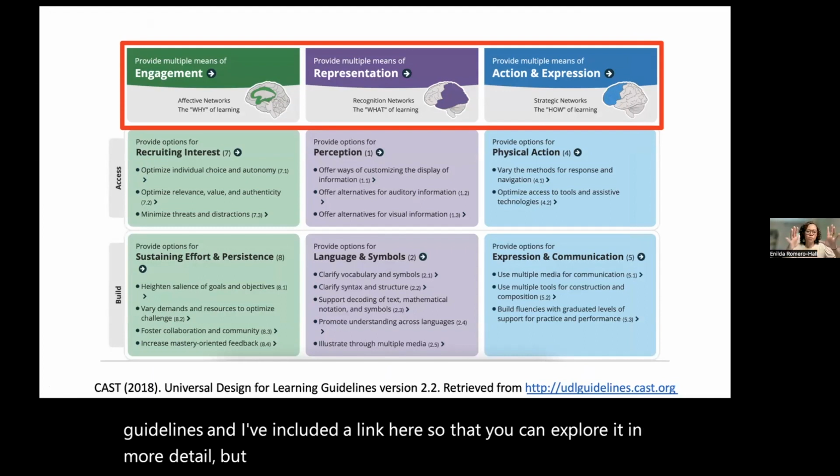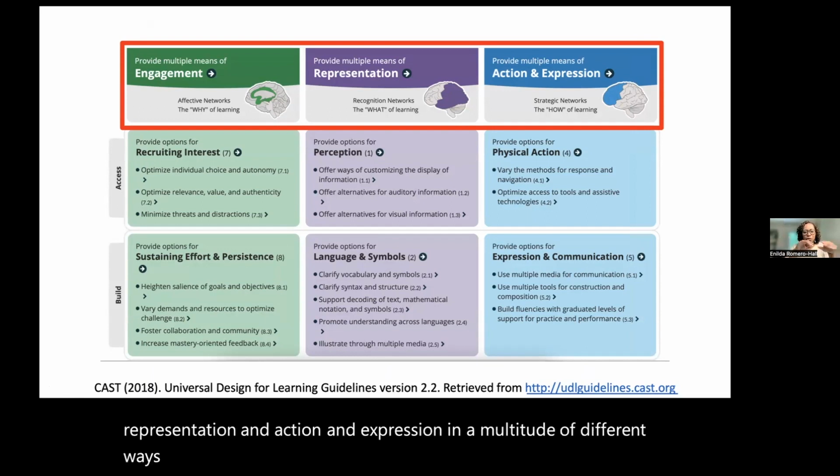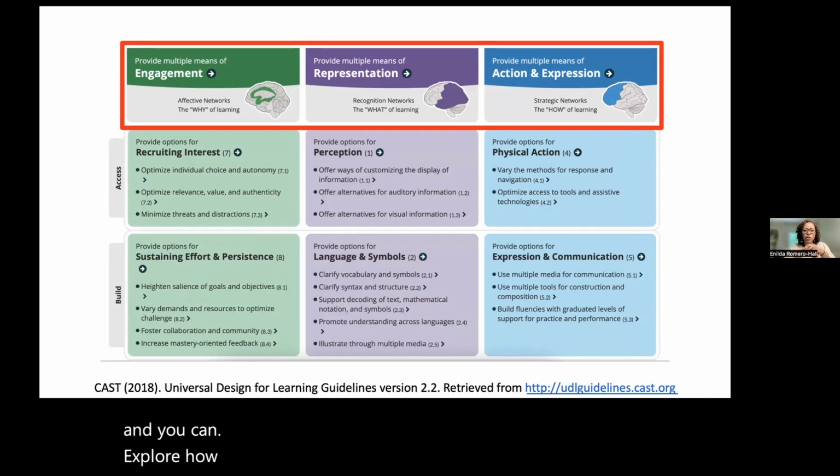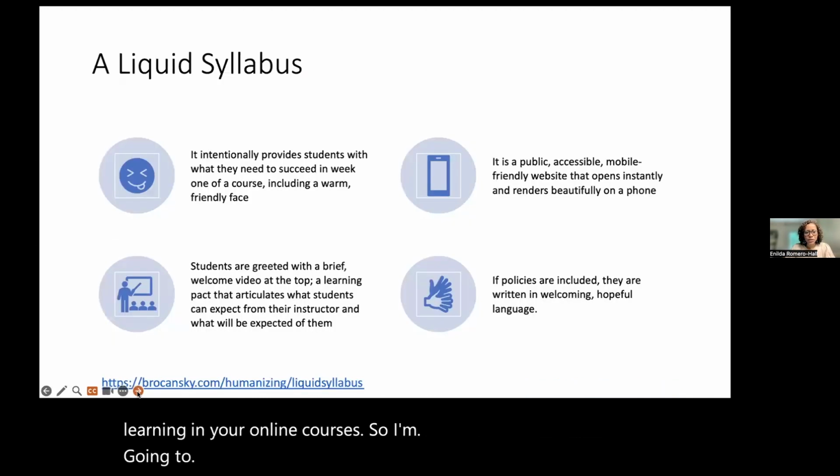The guidelines break down engagement, representation, and action and expression in a multitude of different ways. You can look at the different subheadings in each of them, and you can explore how you can consider integrating universal design for learning in your online courses. So I'm going to stop here.